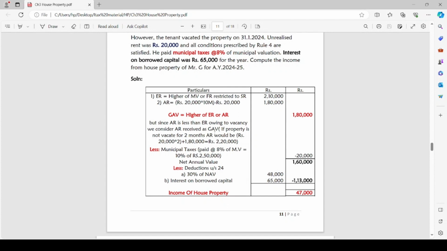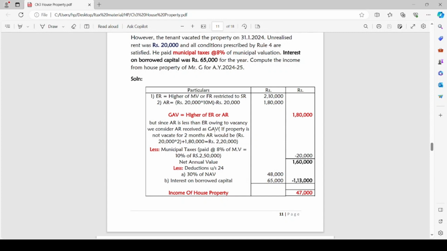Instead of taking the highest value among the expected rent or annual rent, since the house property is fetching less rent due to vacancy, we are considering the actual rent only as our GAV in this case. So gross annual value of the house property stands at rupees 1,80,000.